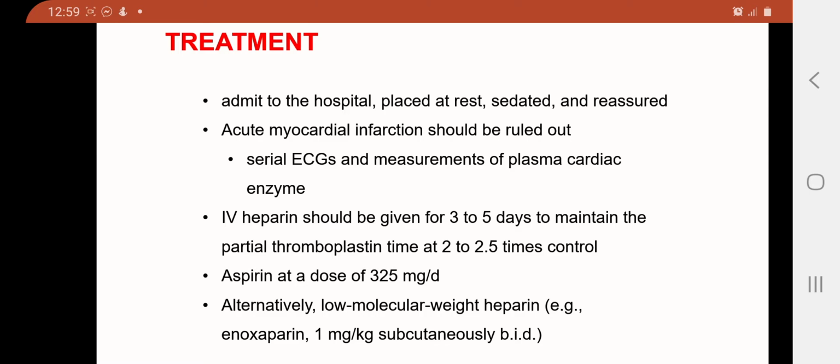Aspirin at a dose of 325 milligram per day. Alternatively, you can have low molecular weight heparin like enoxaparin at a dose of 1 milligram per kilogram subcutaneously twice a day.